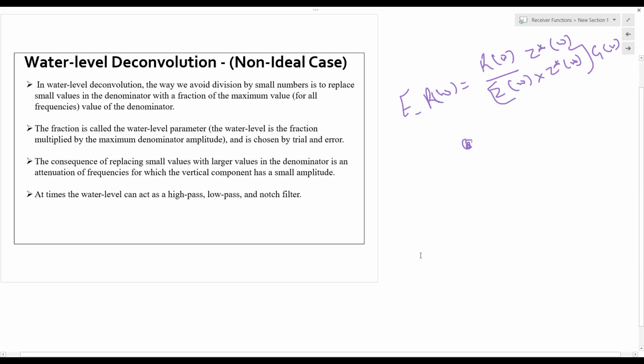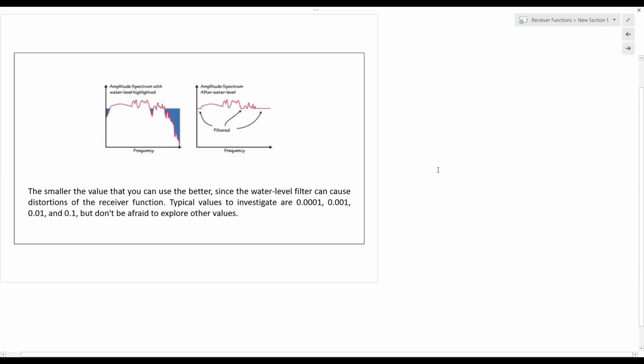So this is the diagram which can explain this phenomenon.